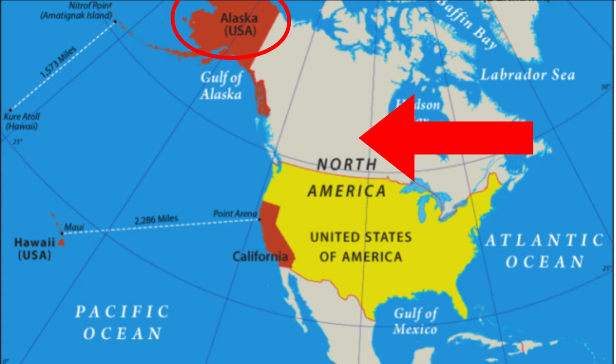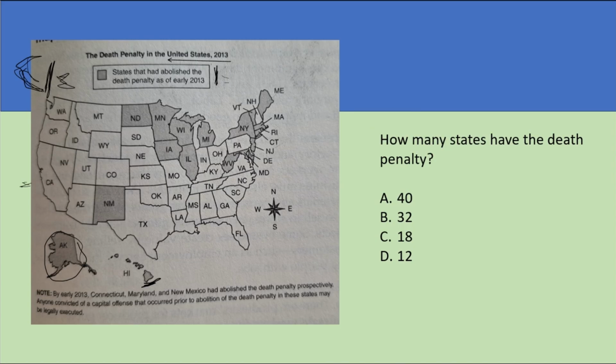And then Alaska is over here, so it's not connected to the continental United States. With most US maps, you will see Alaska represented at the bottom along with Hawaii right next to it. Because once again, Hawaii is a whole bunch of islands far to the left of California in the Pacific Ocean. And Alaska is connected to Canada, which is a country that is north of the United States.